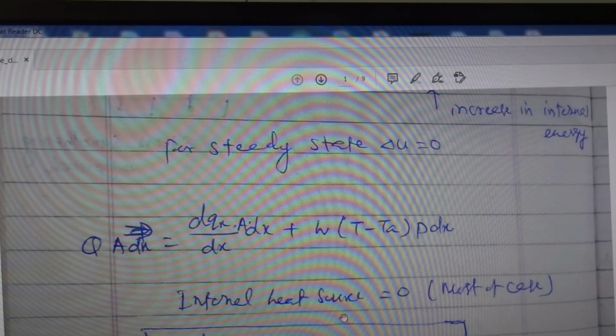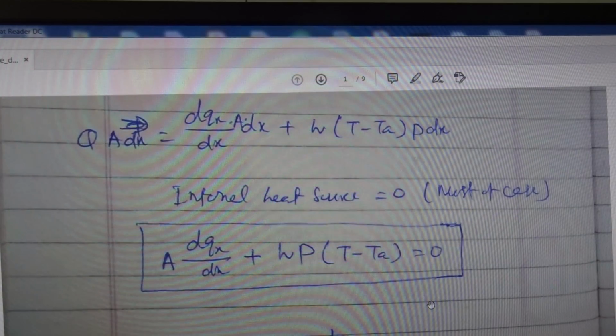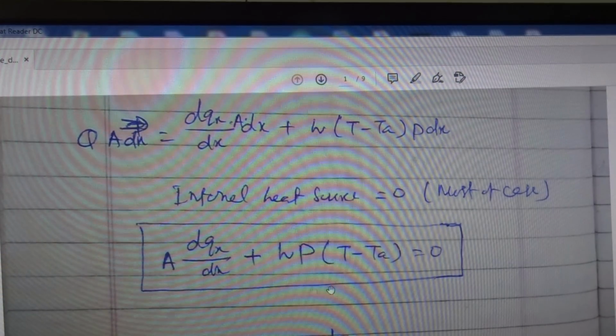Most of the cases it is 0. So the above equation becomes A dqx by dx plus Hp T minus Ta is equal to 0, and this is the governing equation for the one dimensional heat transfer problem.